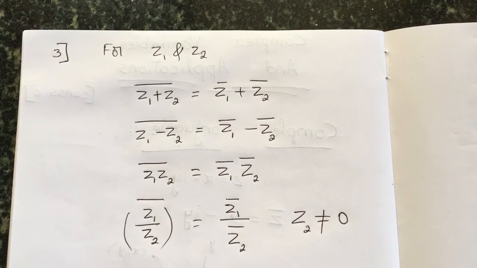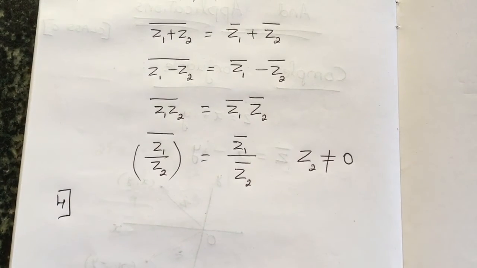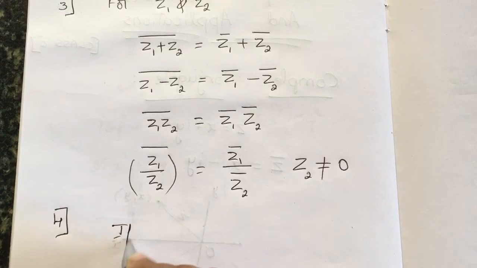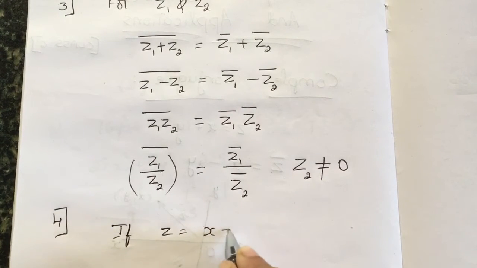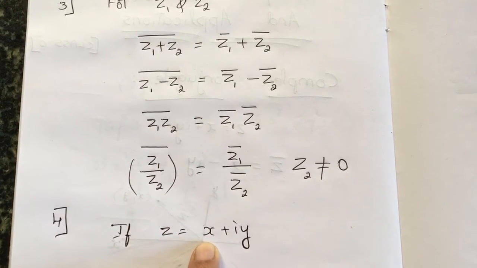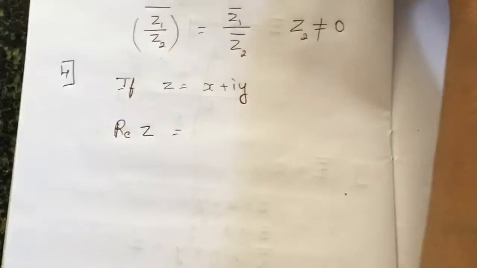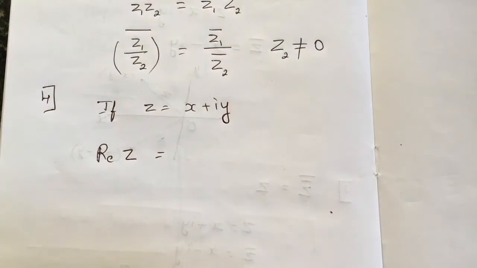Say when I have a complex number z equal to x plus iy, then the real part of z is x. I want to represent the real part of z in terms of z only, and the imaginary part of z in terms of z only.